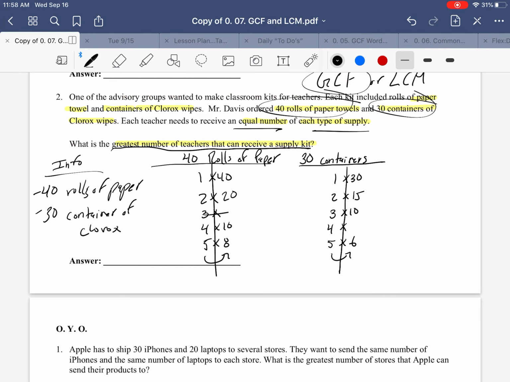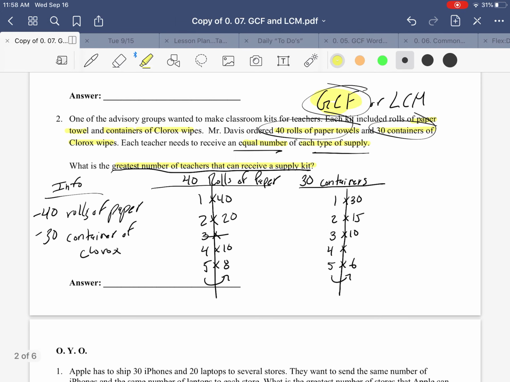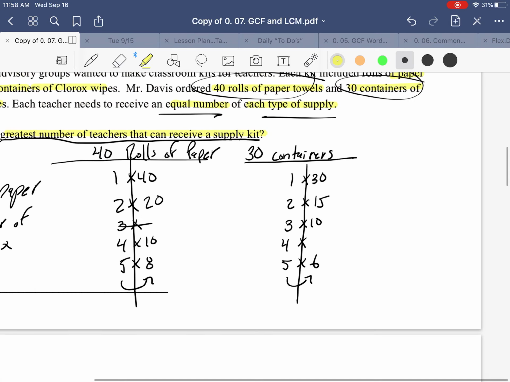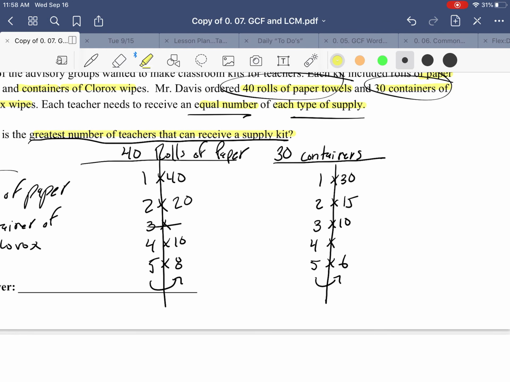This is a greatest common factor problem. So what is our greatest common factor? Go ahead. I'm going to circle all of our common factors. 1, 2, 4, 5, 10.